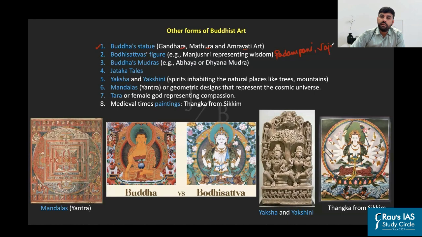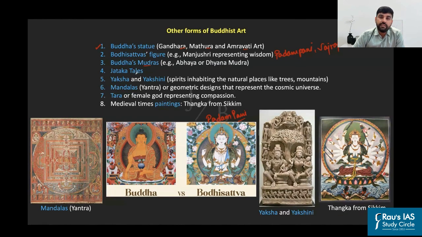Vajrapani. If you don't know, this is Padampani. The painting that you see, yeah, this is Padampani. How do you know that? Because he's holding lotus. Padampani means holding a lotus. Then we have another Buddhist art, which is Buddha's Mudra, Abhay Mudra, Dhyan Mudra.